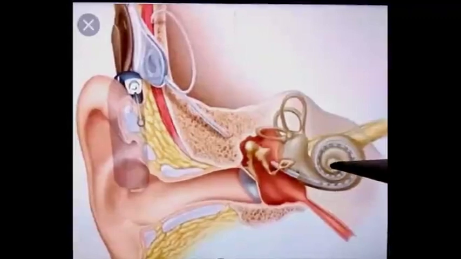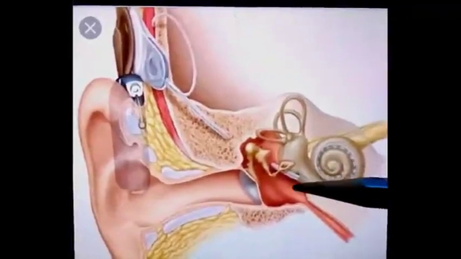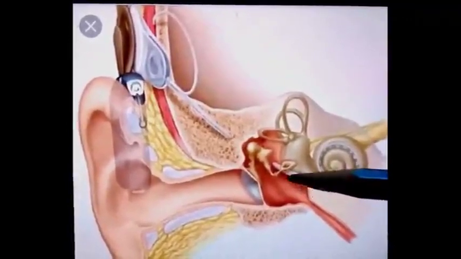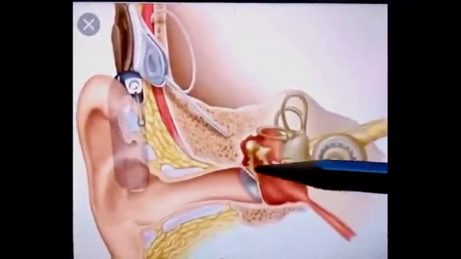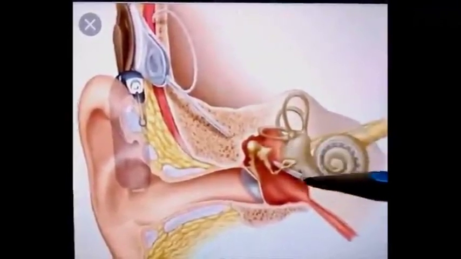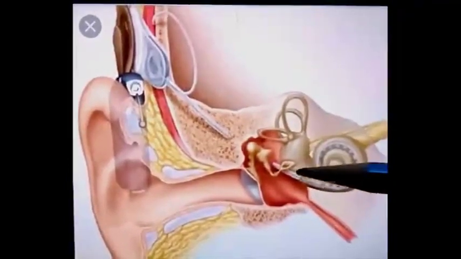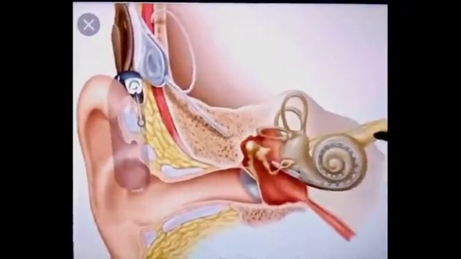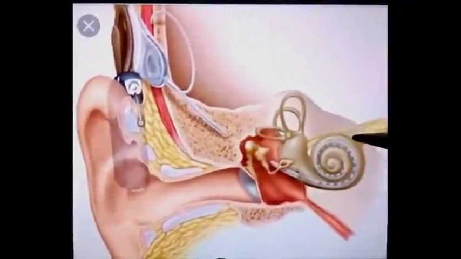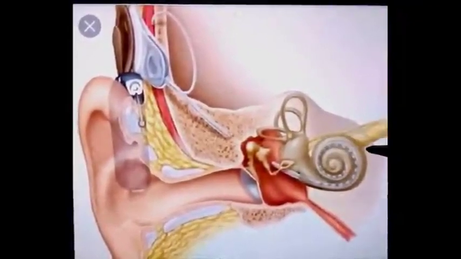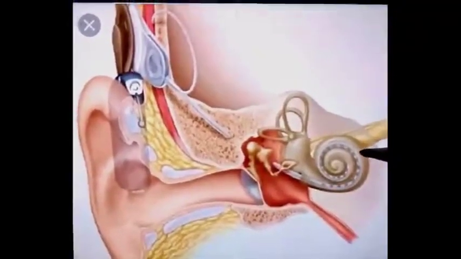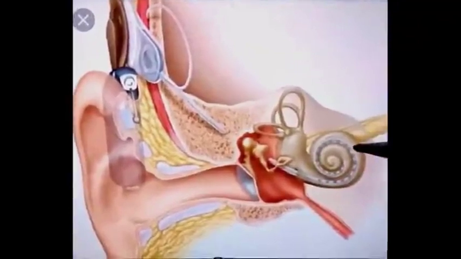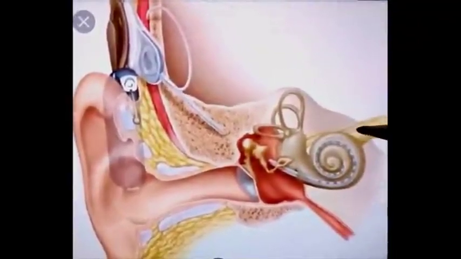Its apex points towards the medial wall of the middle ear cavity. This is the middle ear cavity. This is the medial wall. So the apex is directed towards the medial wall of the middle ear, and the base, this wider portion, is directed towards the fundus of the internal acoustic meatus.